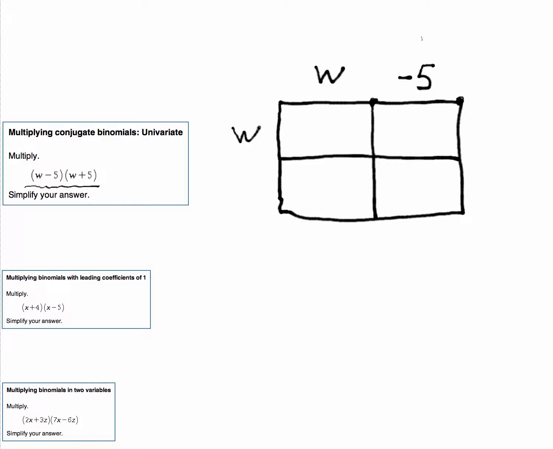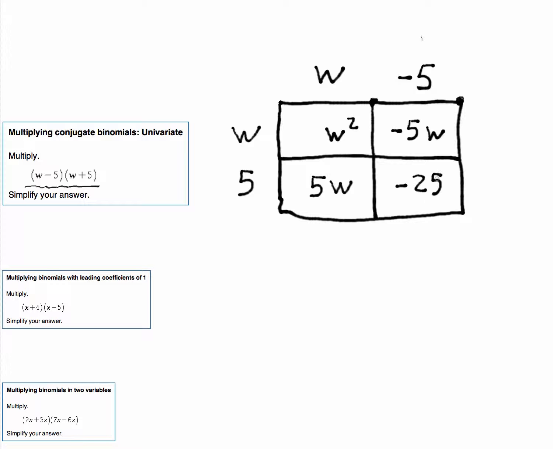I'll put a w here and then a 5 here. And then I'll just fill in the boxes. So w times w is w squared. W times minus 5 is minus 5w. W times 5 is 5w. Minus 5 times 5 is minus 25.